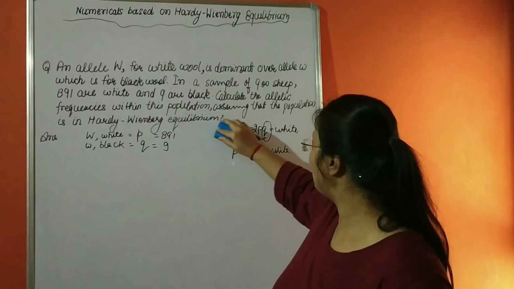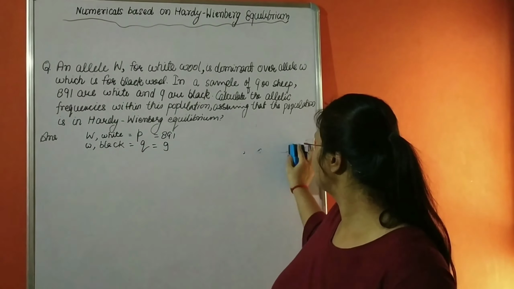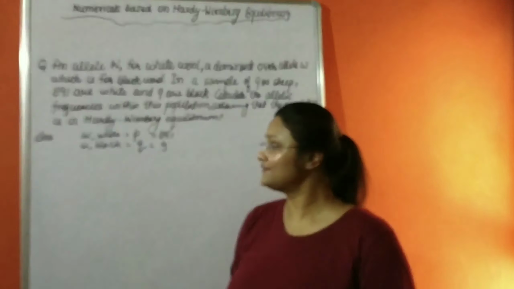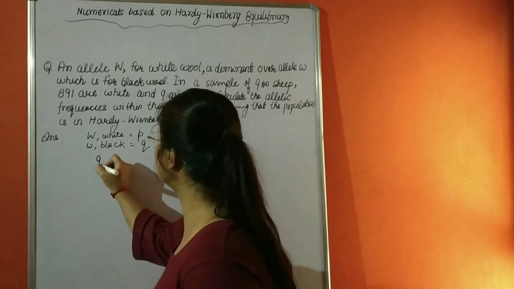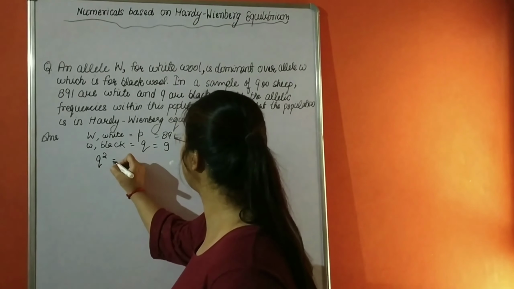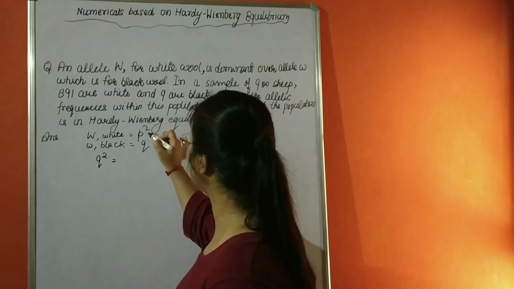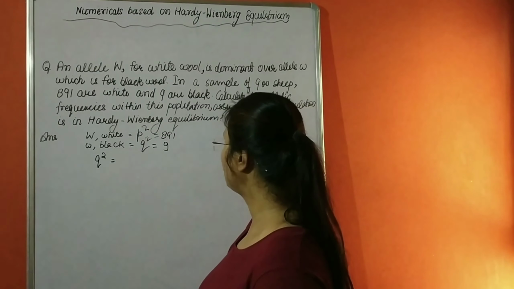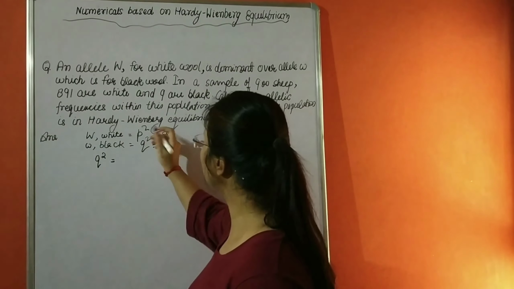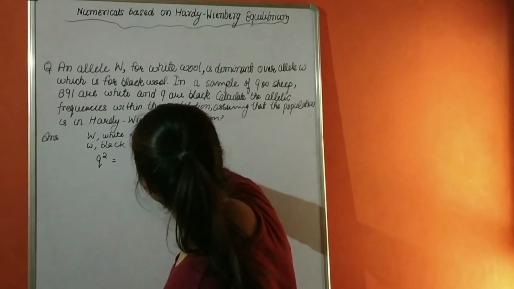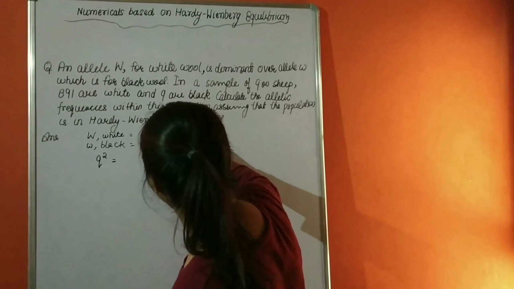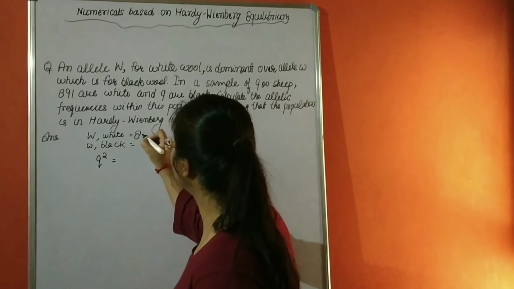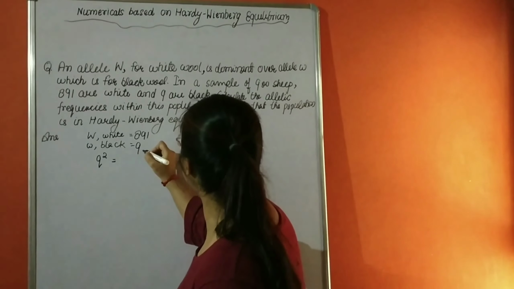We will solve with the help of small q. We always go by the recessive allele. So here we simply need to write down 891 and 9.